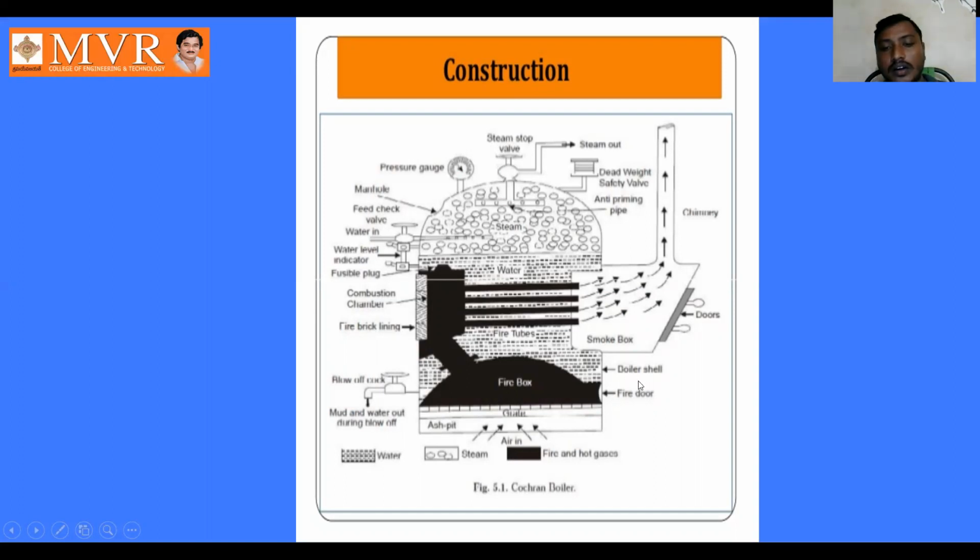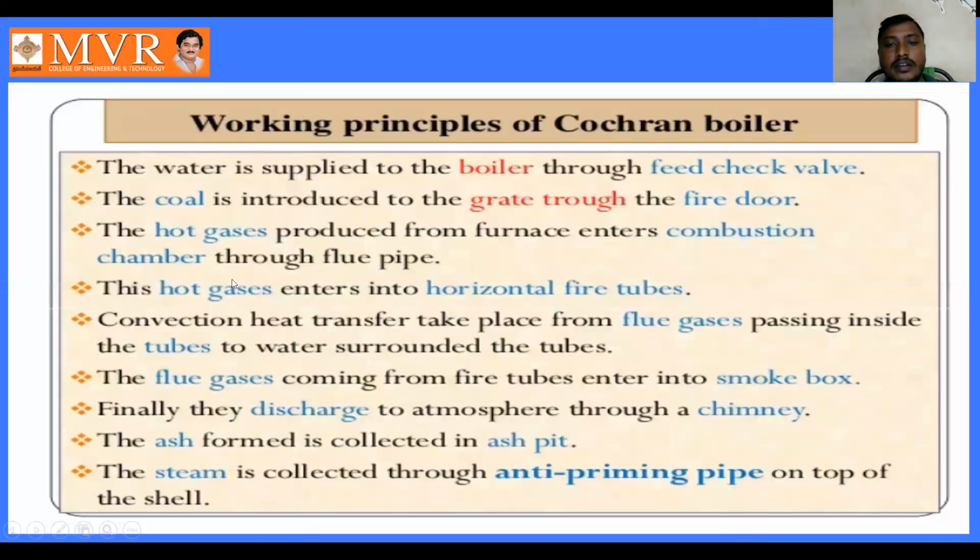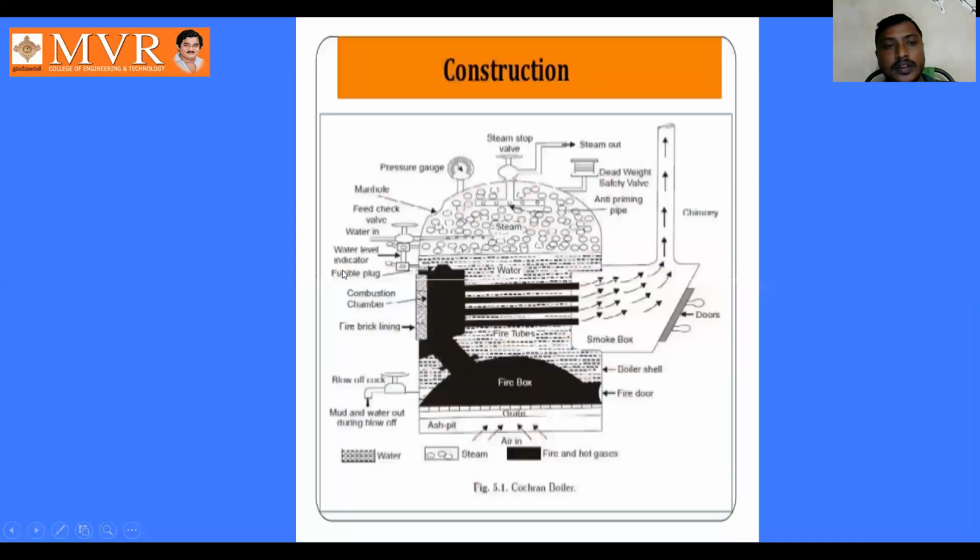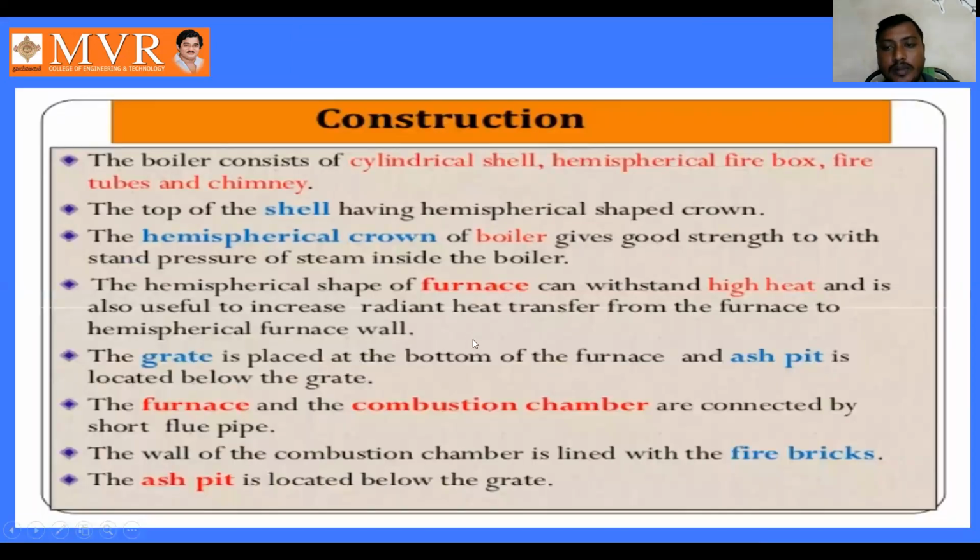The coal enters the firebox through this fire door, and the hot gases produced from the furnace enter the combustion chamber through the flue pipe. After combustion takes place on the grate in the firebox, the gases enter this pipe through the flue pipe.